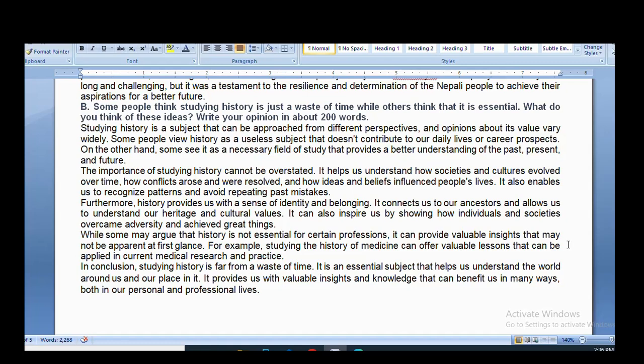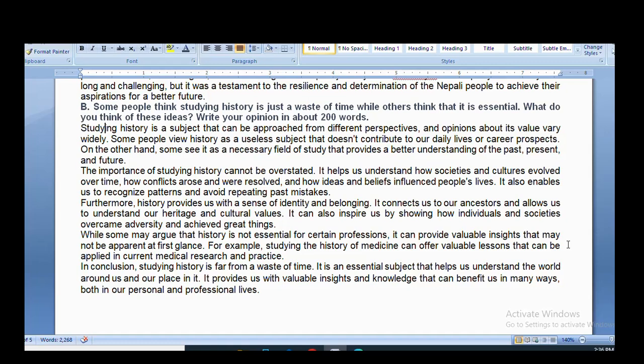Some people view history as a useless subject that doesn't contribute to our daily lives or career prospects. On the other hand, some see it as a necessary field of study that provides a better understanding of the past, present, and future. The importance of studying history cannot be overstated.